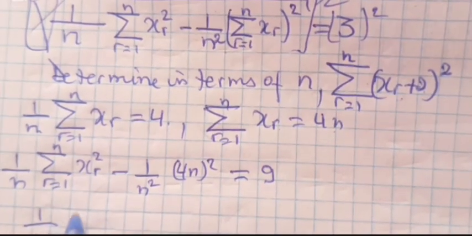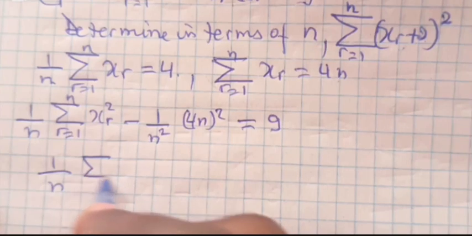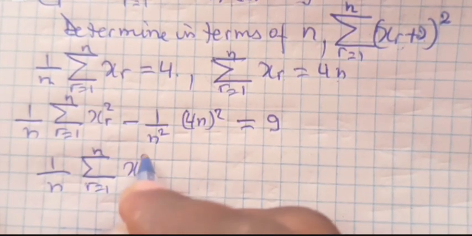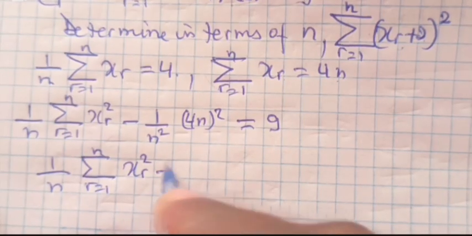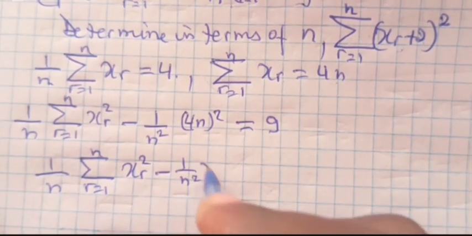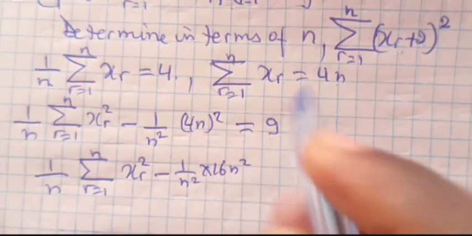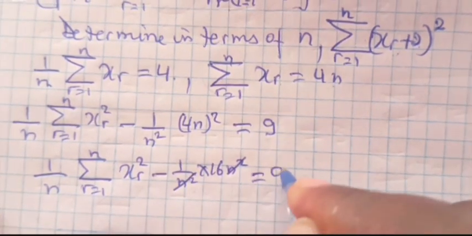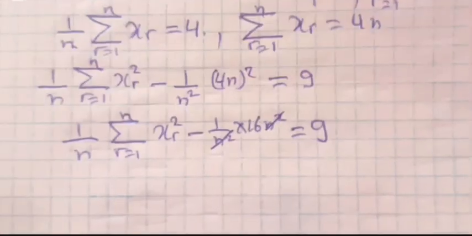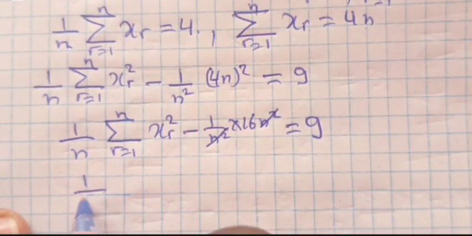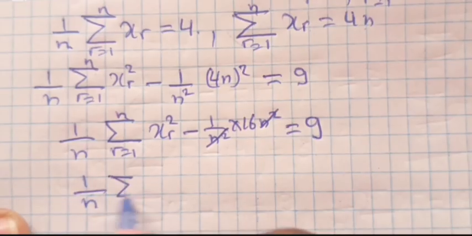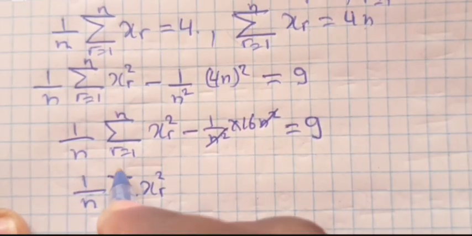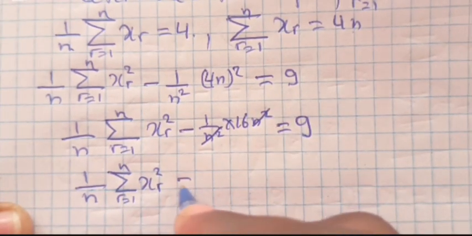1 over n times the sum as r comes from 1 to n of xr squared, minus 1 over n squared times 16n squared. And this n squared, we simplify, and this goes to 9. Now, 1 over n times the sum of xr squared as r comes from 1 to n, minus 16 equals 9.